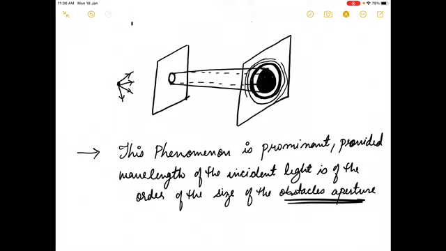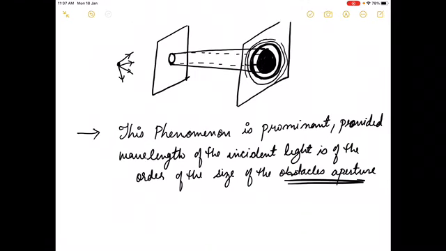Very important point. The wavelength of the incident light must be of the order of the obstacle's aperture, then only this phenomenon you can actually see very prominently, right? I hope this is understandable, right? I hope that is clear to everyone, right?